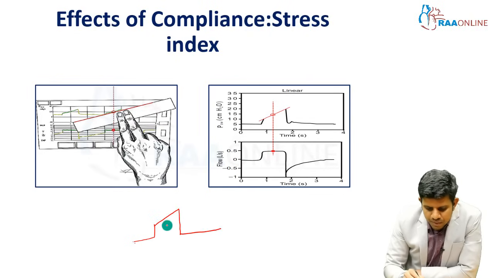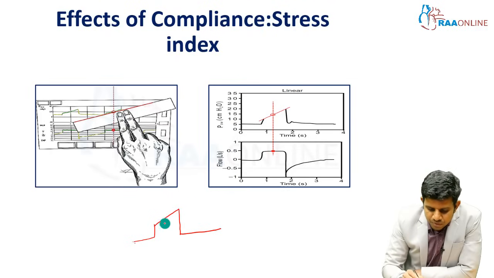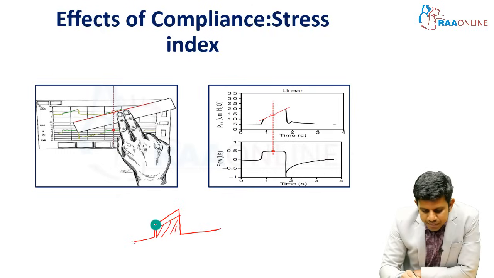Normally in volume control with a constant square flow waveform, your pressure time scalar will look like that. This is the resistive component, this is your elastic component, this is elastance, this is your resistance. The slope of the pressure time scalar will give an idea about your elastance.